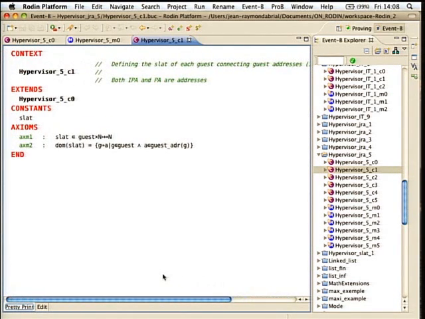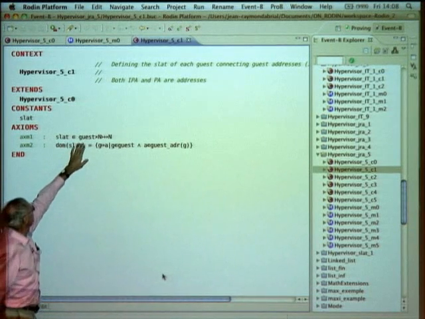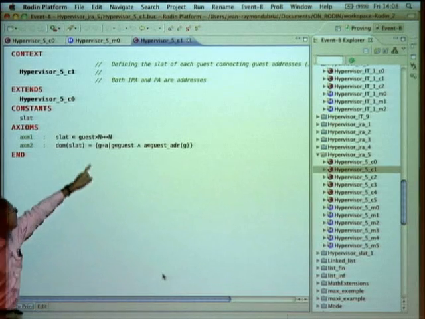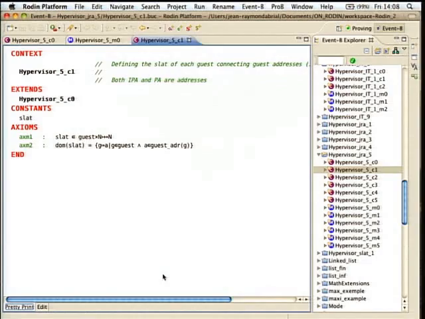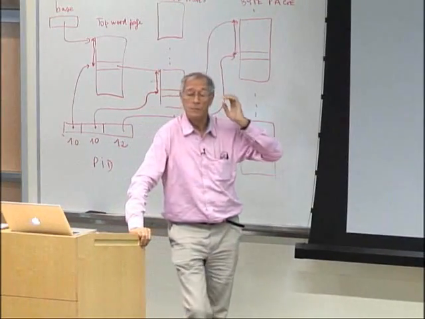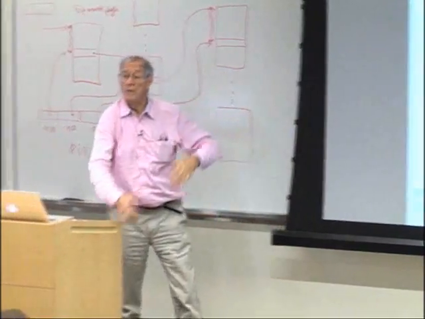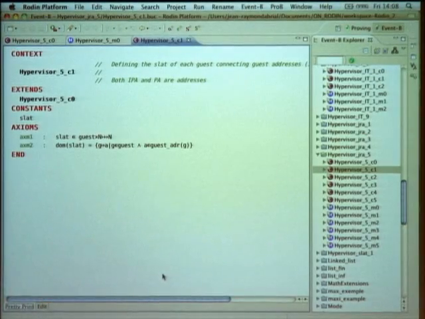And both IPA and PA are addresses. So that corresponds to your question. You see that the slat here is just an injective function from a pair guest address to another address. I do not define at all this sort of thing at the beginning. And it is a constant because you remember it has been entirely defined at boot time.